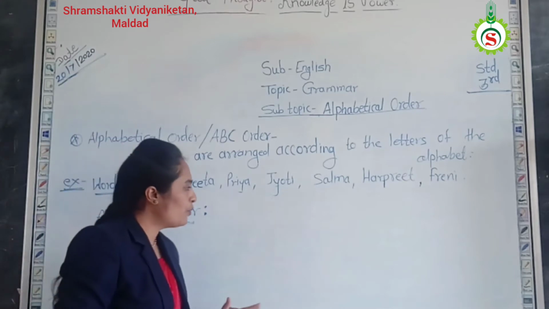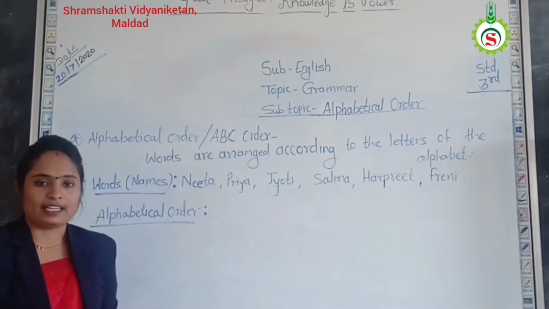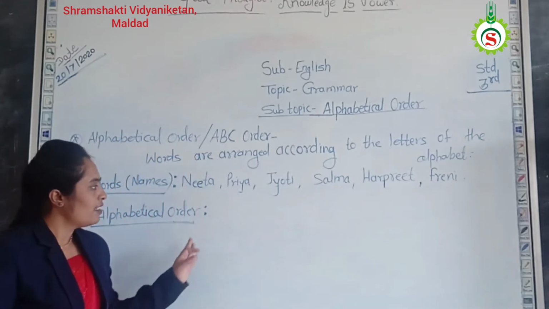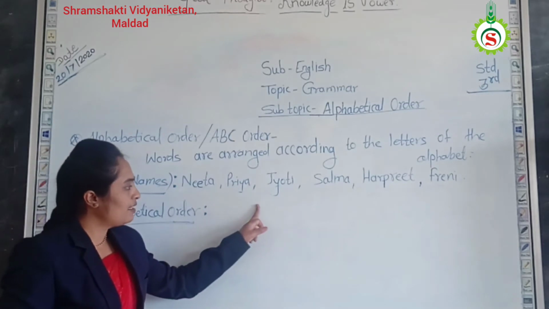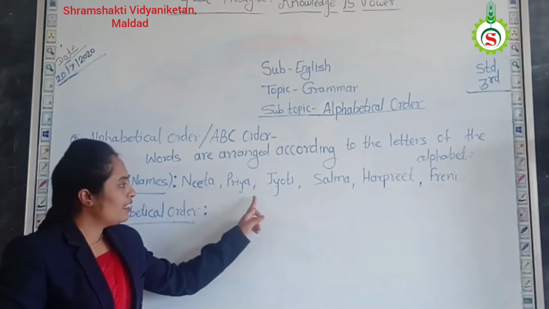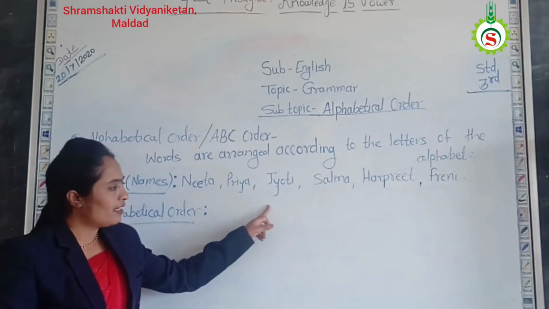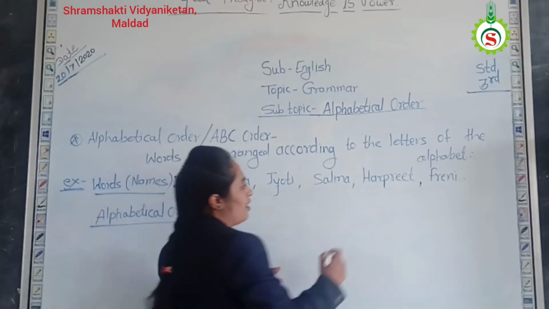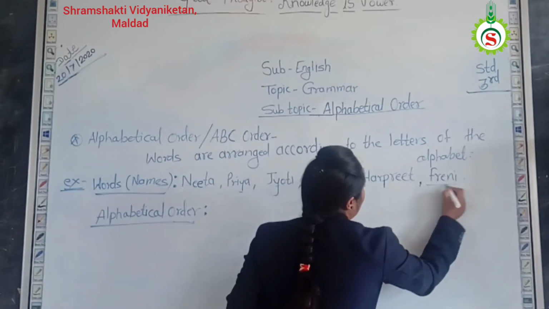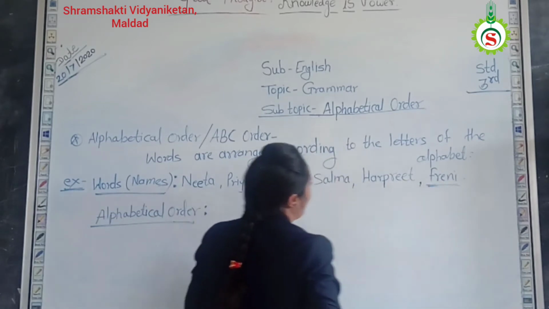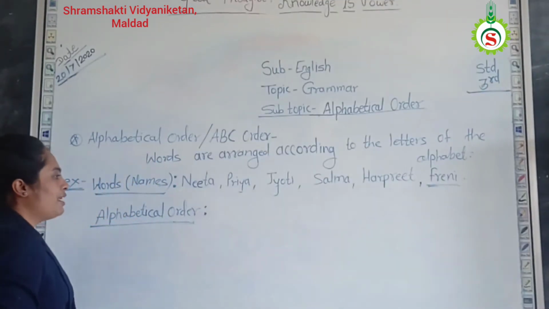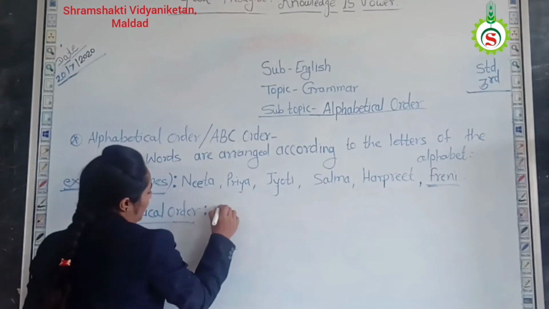No word starts from B. Then C. Which word starts from C? D, E, then F. Does any word start from F? So we write the first word, Friendly.